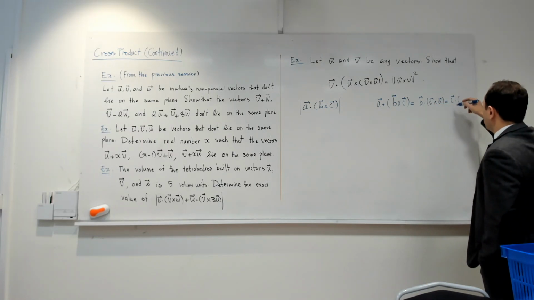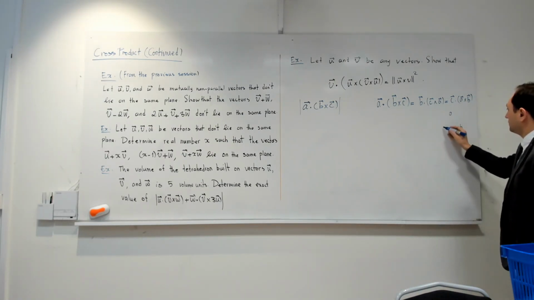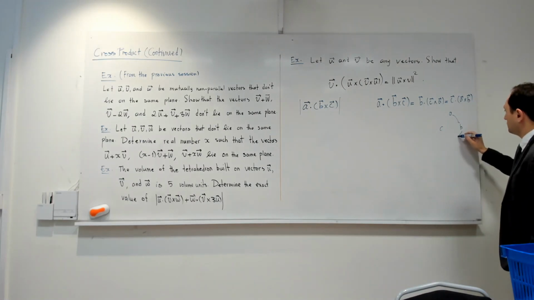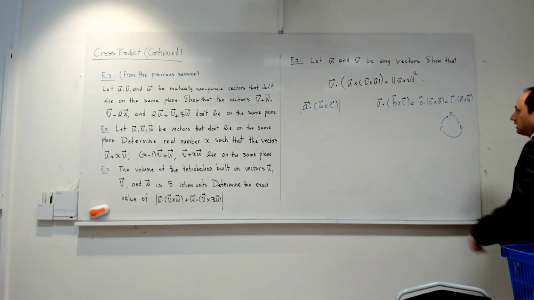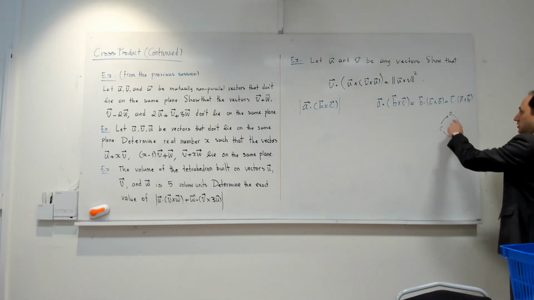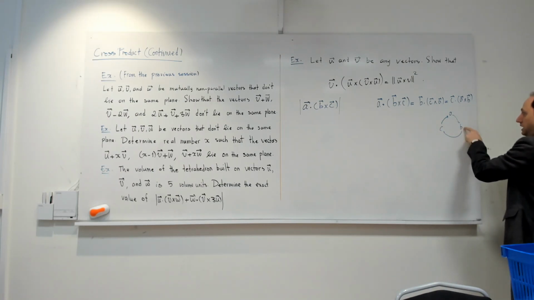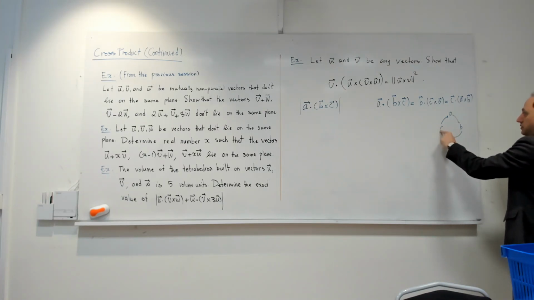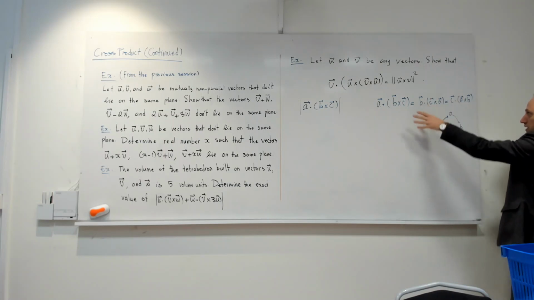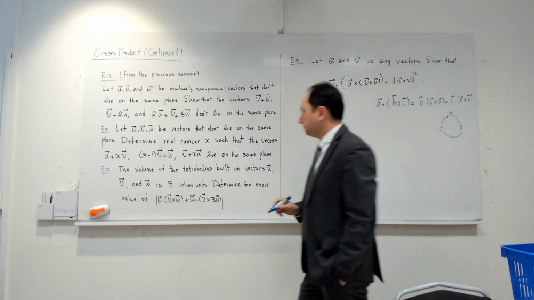So after C should come A and then cross B. So in principle, if you have vector A here, vector B here, vector C here, I go from A to B, from B to C, from C to A. So if I have this way of reading, these combinations will be the same, yes? So A dot B cross C will be the same thing if I start from B and write B dot C cross A, and it would be the same thing if I start from C and write C dot A cross B. And that is called the cyclic property of this triple product.